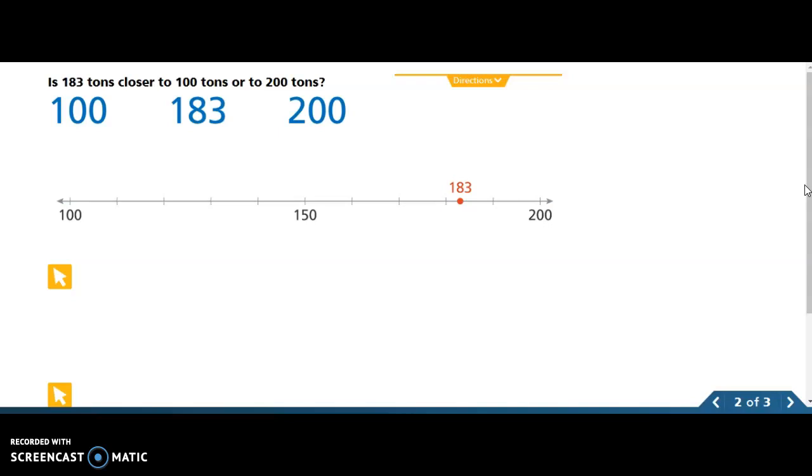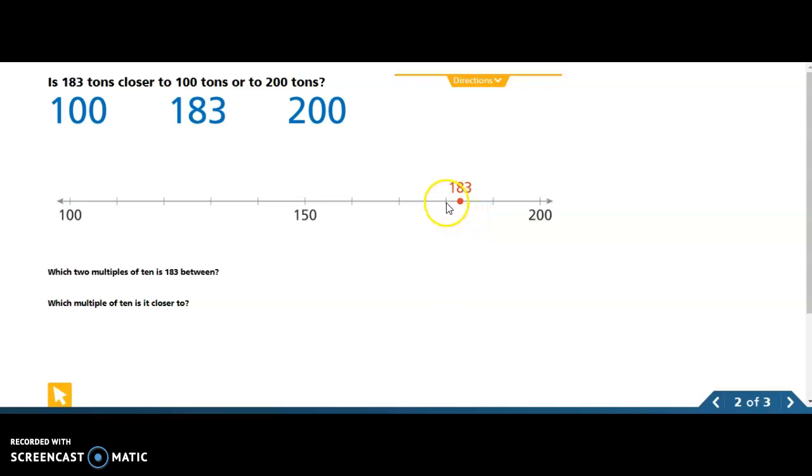Now, let's look at that 183 again, and let's round that to the nearest 10. Let's take a peek at that on a number line. So think about which 2 multiples of 10 is 183 in between. If you said 180 and 190, then that is correct.